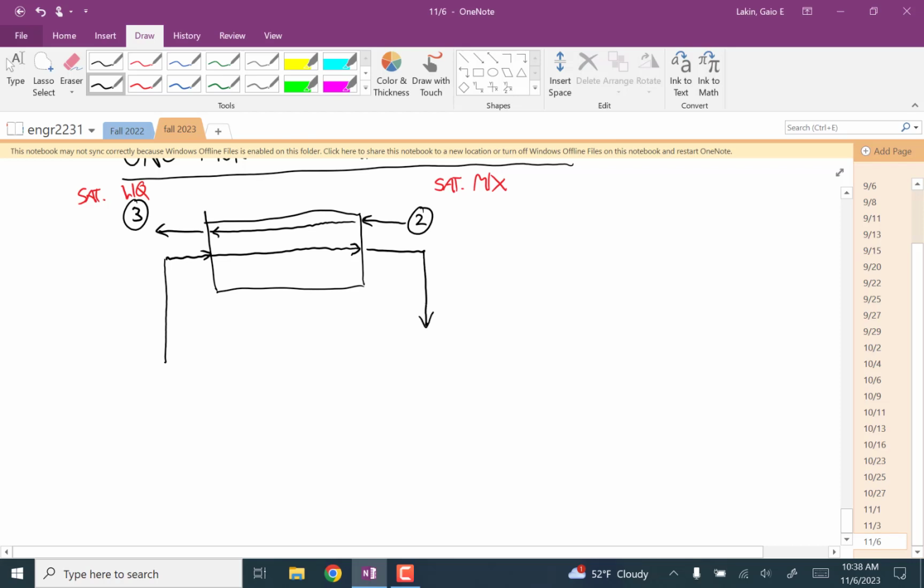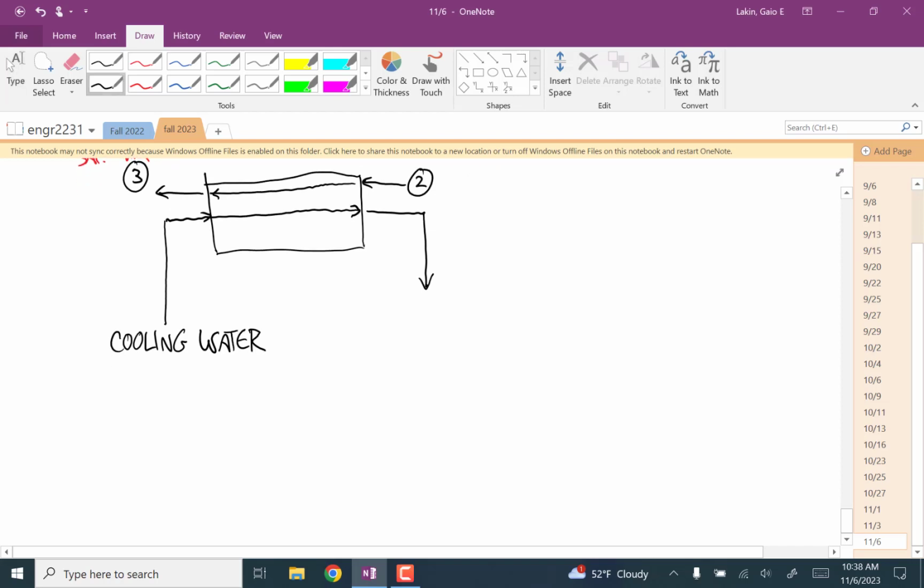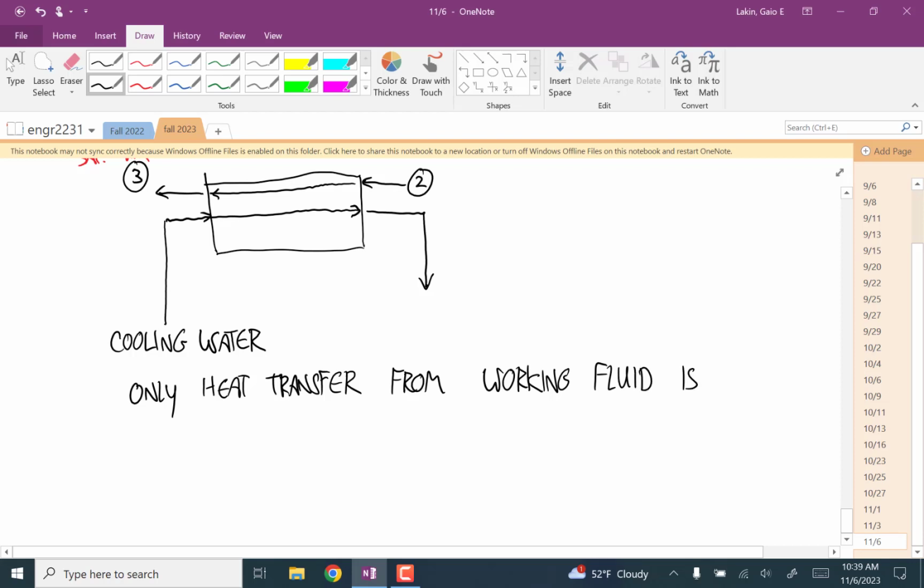Okay, so this is the cooling water. And the only heat transfer from the working fluid is to the cooling water.